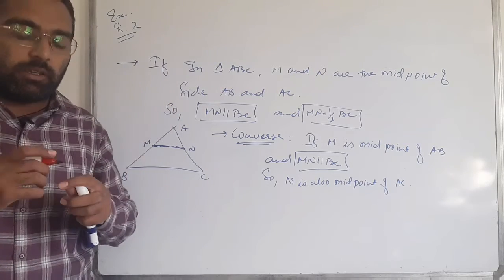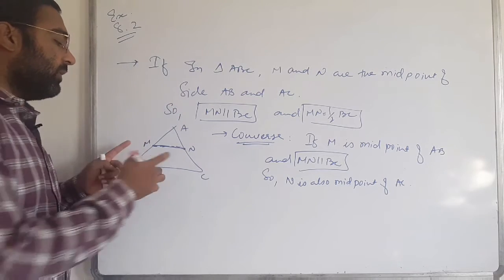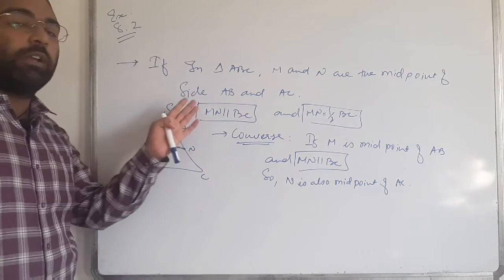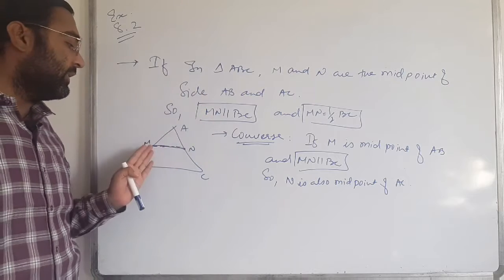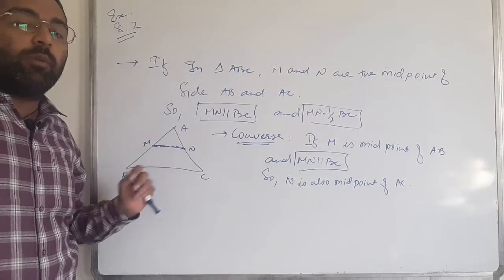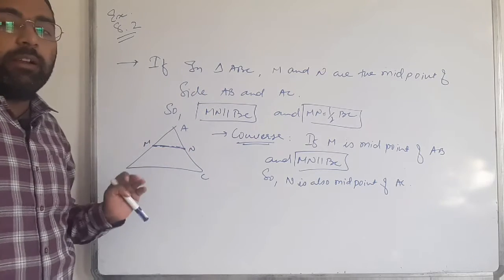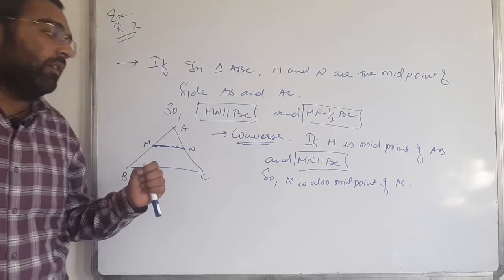In the first theorem, both of the midpoints are given, so we have to write that the line passing through the midpoints is parallel to the third side of the triangle.